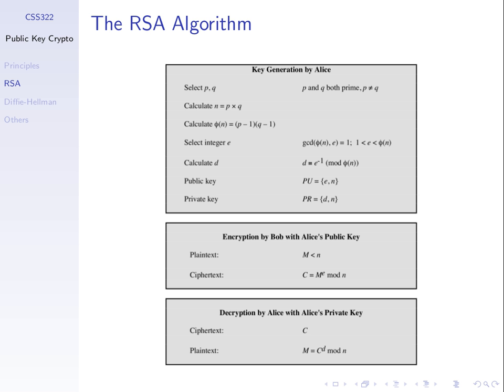But if M is large enough, then all possible values of M will be too large to try them all. So one requirement is that M is long. Maybe if M is 1,000 bits, then trying all possible values of M will take you forever. So a brute force attack will not work if M is large enough. So what else can we do if we don't try a brute force attack?